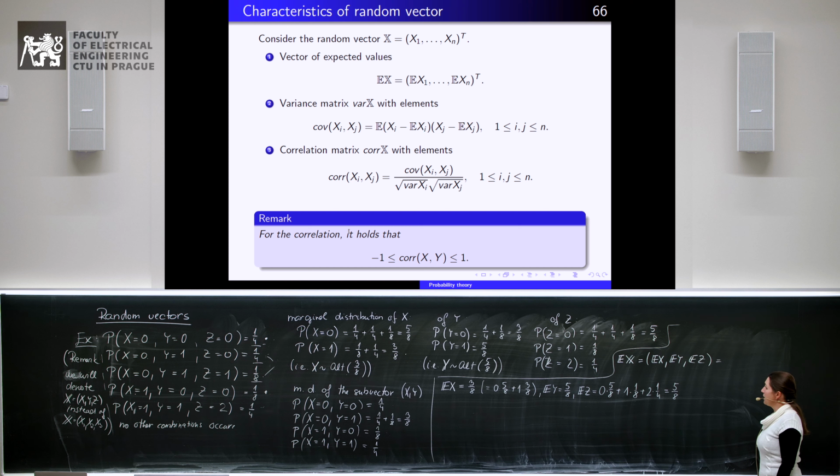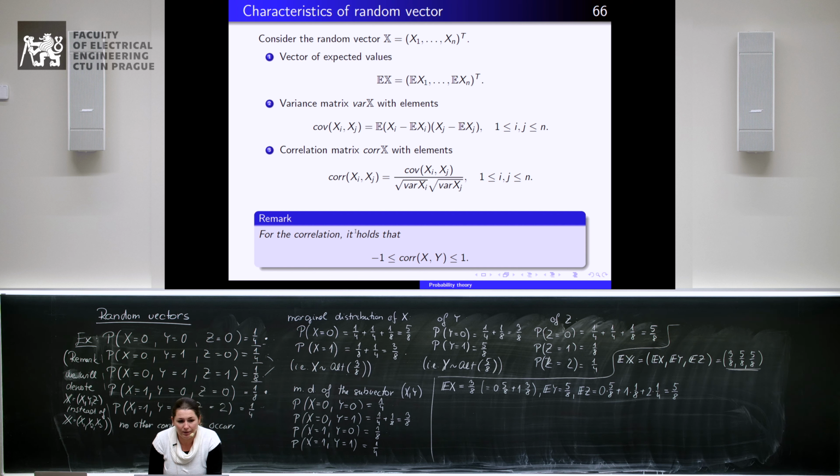So it means that the vector of expected values is 3/8, 5/8, and 5/8. And this is the first characteristic of the random vector in our example.